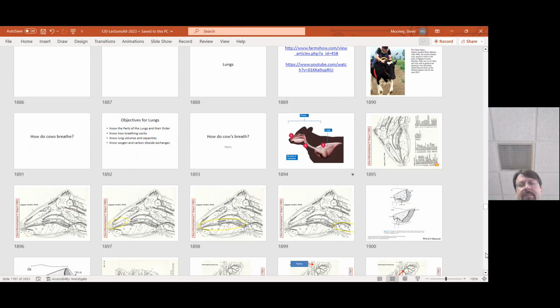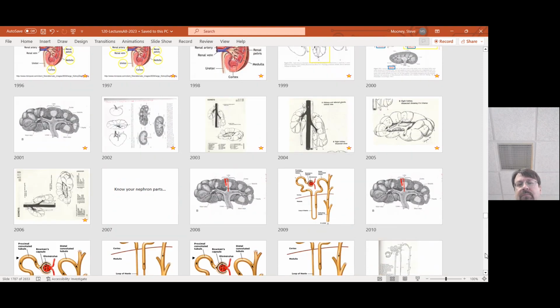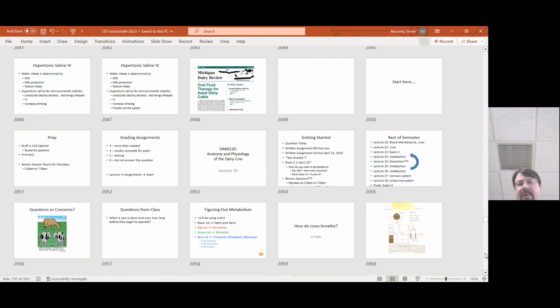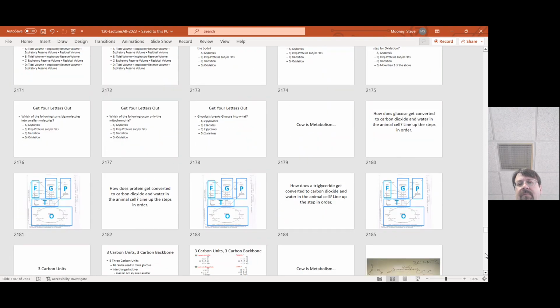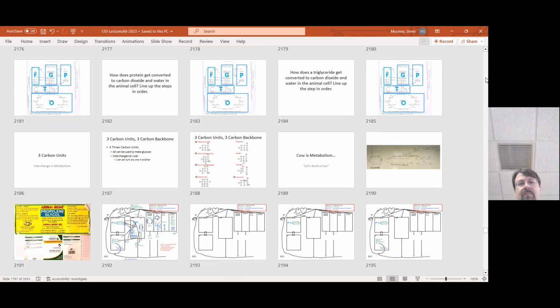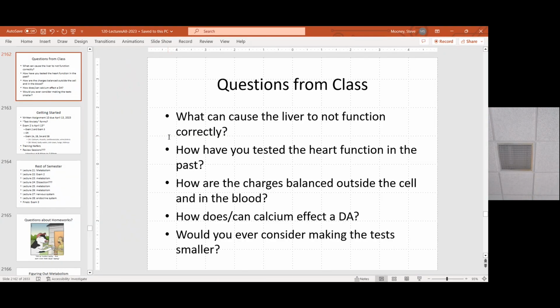Another thing on the homework: when is the AV valve open? Does anybody have an answer to that? AV valve, where's that located? In between the atrium and the ventricle.